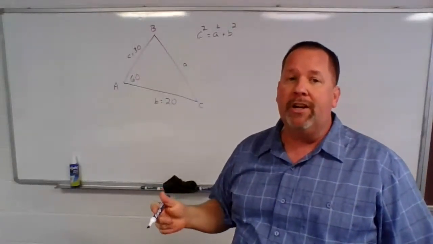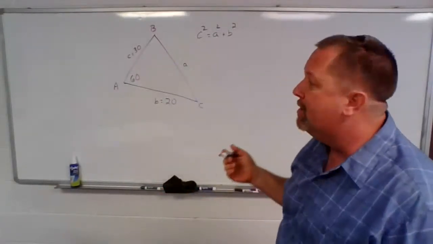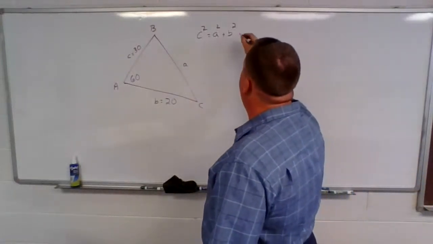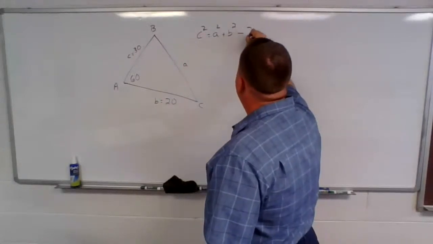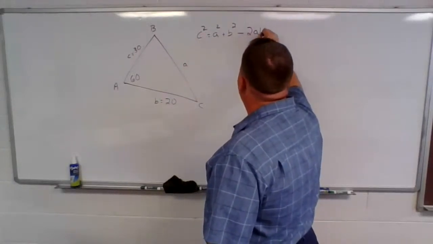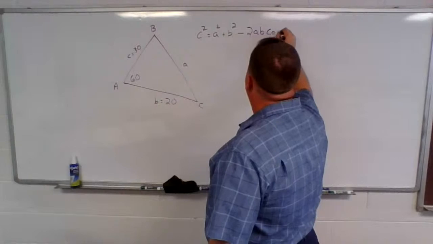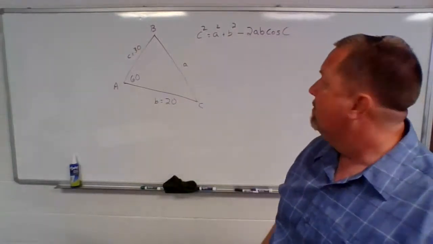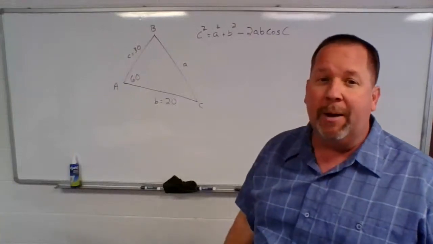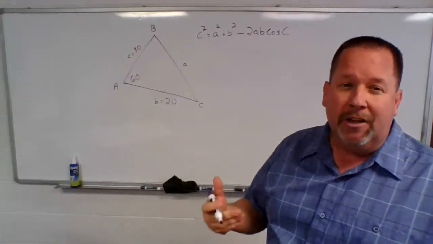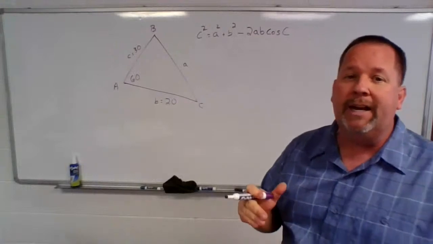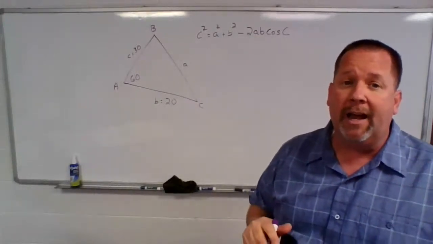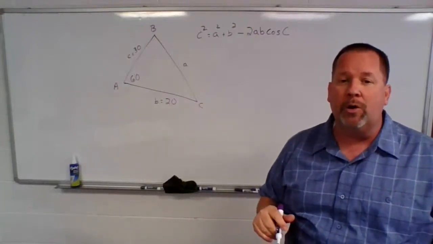The big equation is called the law of cosines, and it looks like this. C squared equals a squared plus b squared minus 2ab cosine C. Now, I'm sure that looks like a mess and it looks not fun. It's a little bit of a long equation, but really it's super helpful, and it's worth your time to be really familiar with the law of cosines.